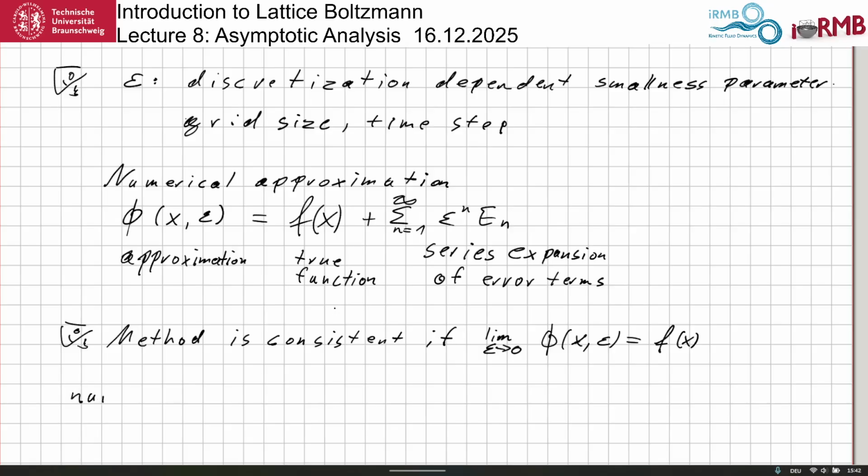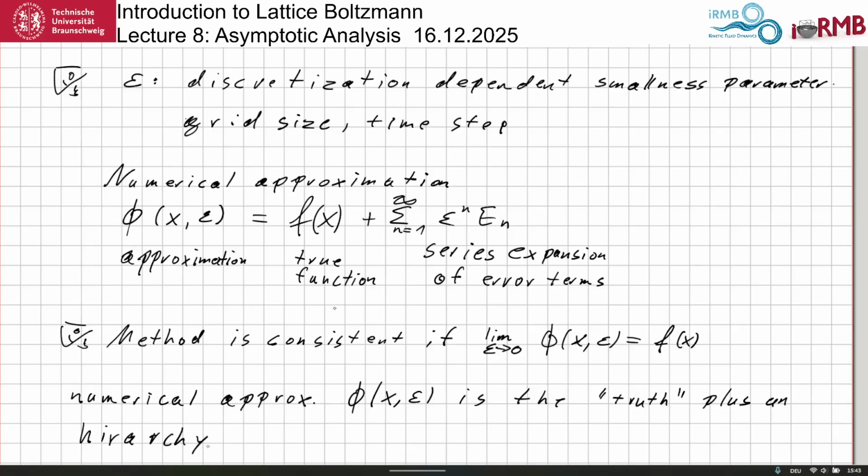Okay, let's write this down. Numerical approximation phi of x and epsilon is the truth plus a hierarchy of error terms, and they are separated by powers.